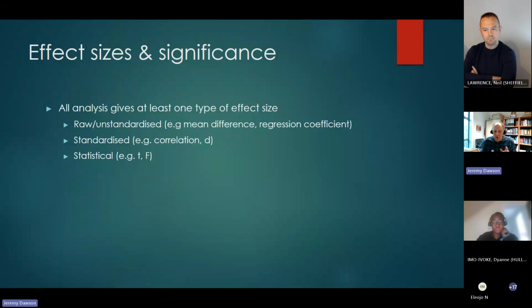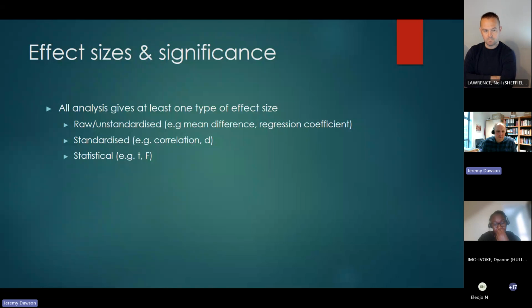Then there are also standardized effect sizes, and probably the most commonly understood type of standardized effect size would be a correlation coefficient. Correlation simply measures the strength of association between two variables, but it does it on a standardized scale, so that it's always going to be between 1 and -1, with 0 representing no relationship, or strictly no linear relationship.